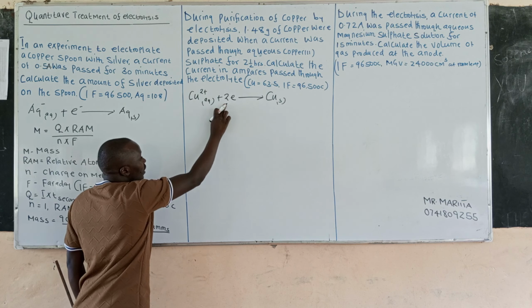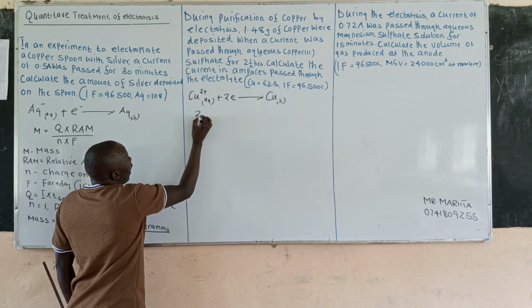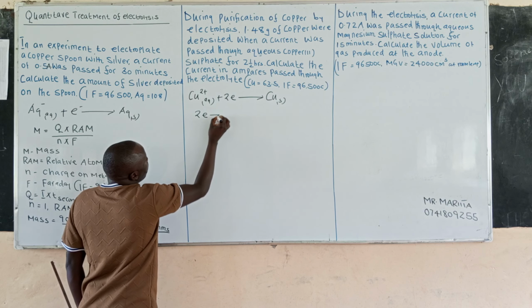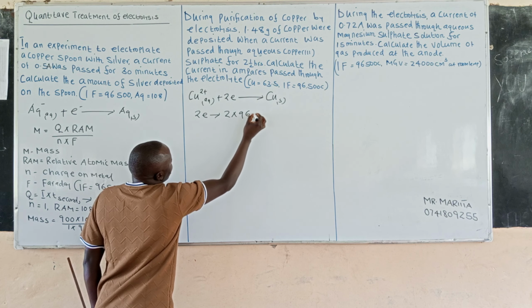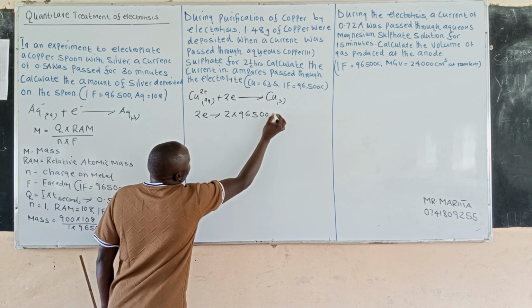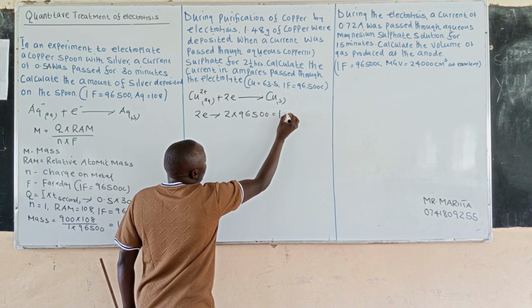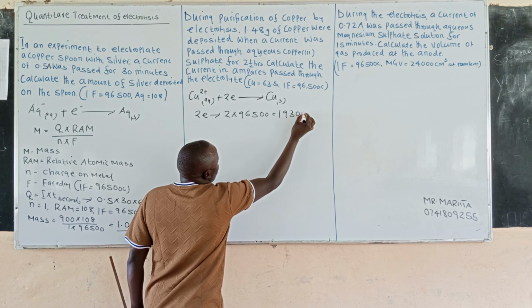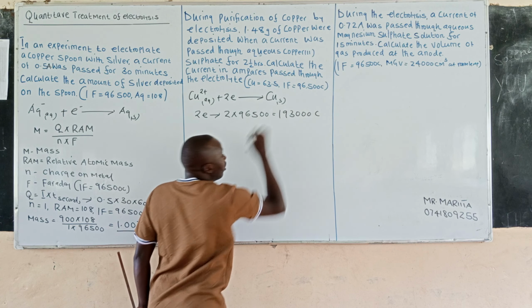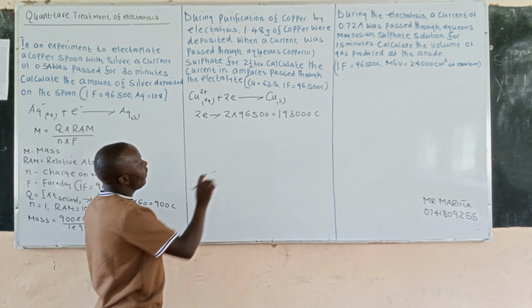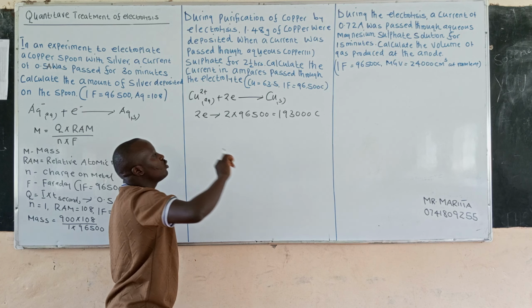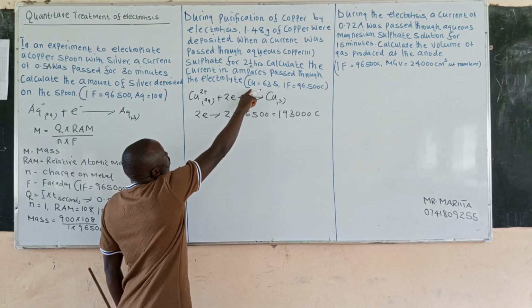Both of these 2 electrons, therefore, will be equivalent to 2 multiplied by 96,500, and this gives us 193,000 coulombs.